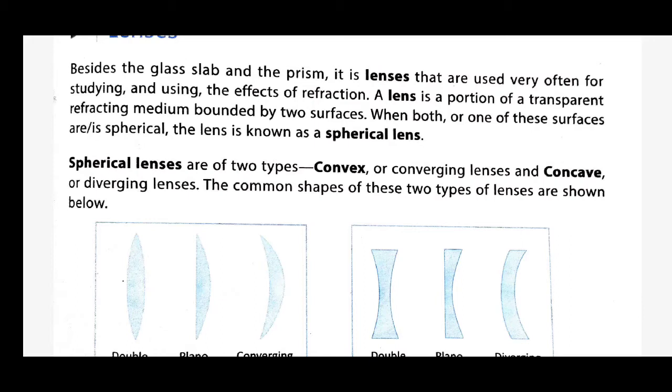So for a lens it is necessary that it is bounded by two surfaces out of which at least one is spherical, but in our level, we have to study the spherical lenses in which both the surfaces are spherical.